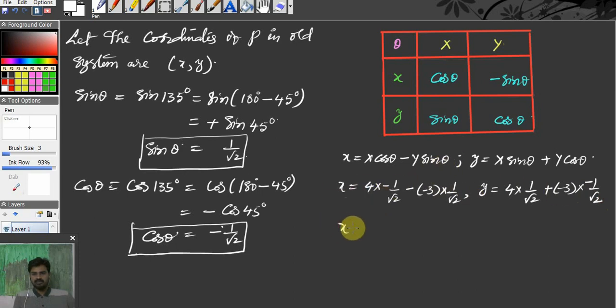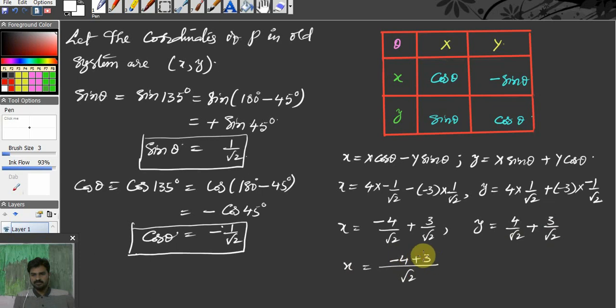Now x is equal to minus 4 by root 2. Next, minus into minus gives plus 3 by root 2. Here the y answer is also 4 by root 2, next plus 3 by root 2. So finally x is equal to 1 by root 2 times minus 4 plus 3, and y is equal to 1 by root 2 times 4 plus 3.